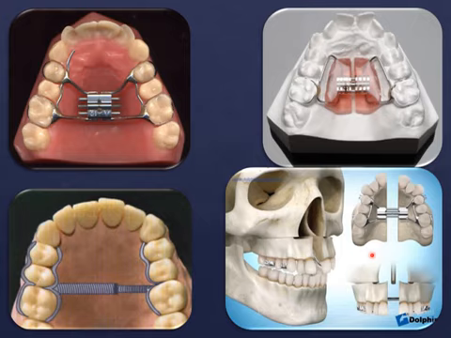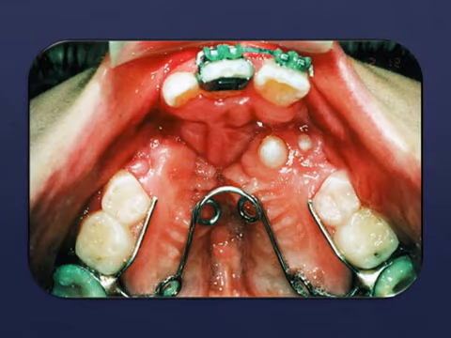This is a surgically assisted expansion with Hyrax in which the mid-palatal suture is cut and it's expanded with Hyrax. In case of cleft palate, we don't have a bone, we have a scar tissue. So this scar tissue is best expanded by using a quad helix appliance.